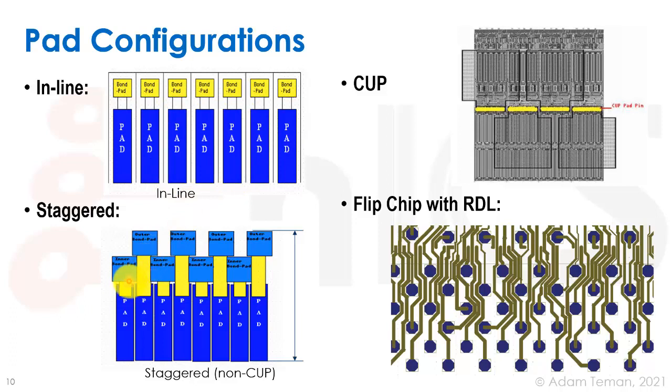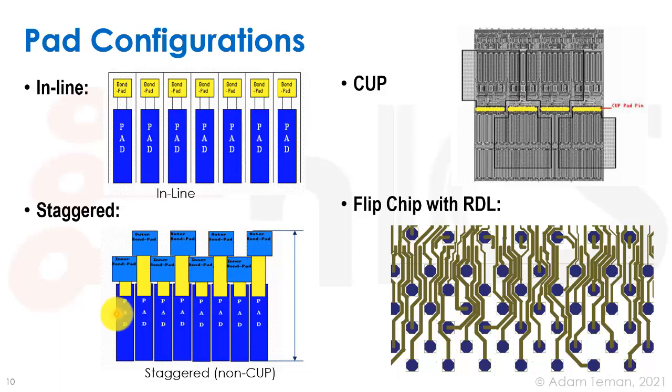At some point they developed this staggered way. Since the bond pads are pretty big in terms of the amount of space they take up on the width side, and we can make the IOs thinner than them, what we could do is stagger the bond pads over here, so they take up a bit more of this direction.